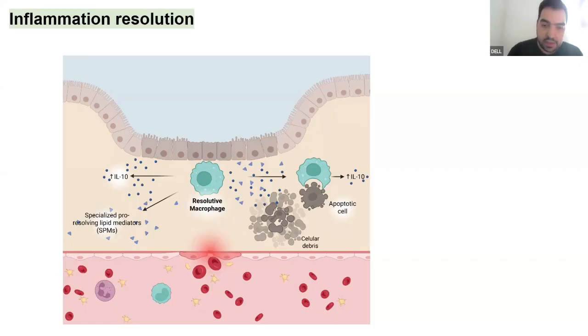So the resolution of inflammation is critically dependent on efferocytosis, a macrophage-driven mechanism responsible for the removal of apoptotic cells, mainly granulocytes accumulated at sites of inflammation. So the interaction between macrophages and either live or dead neutrophils is a trigger for these resolutive mechanisms with a strong downstream anti-inflammatory signaling.